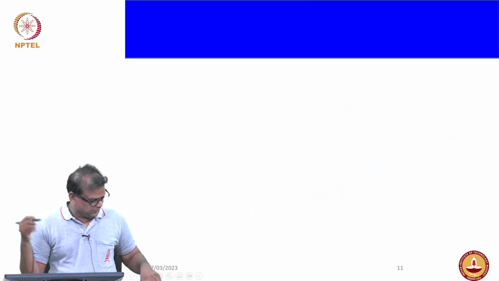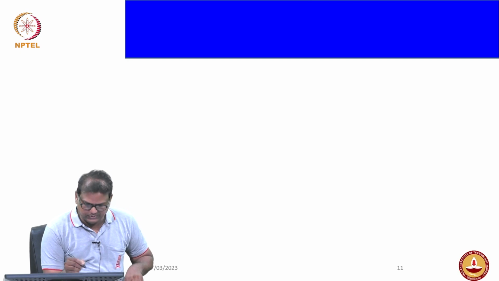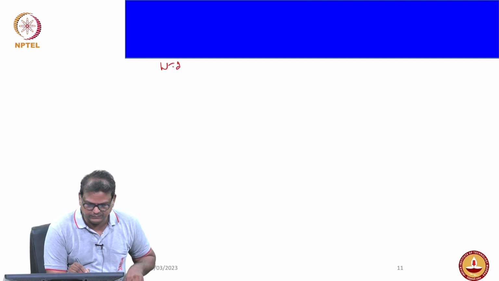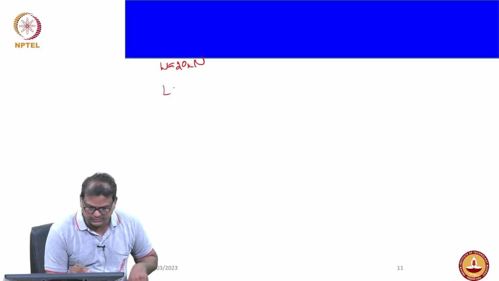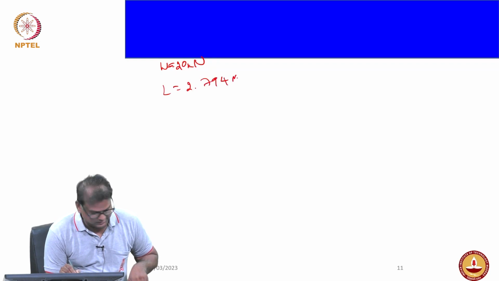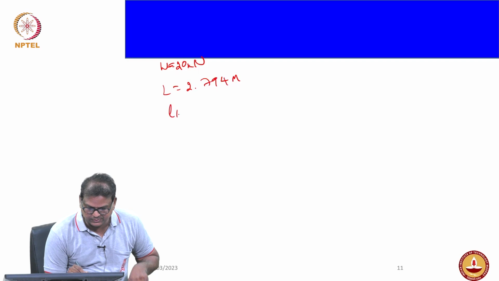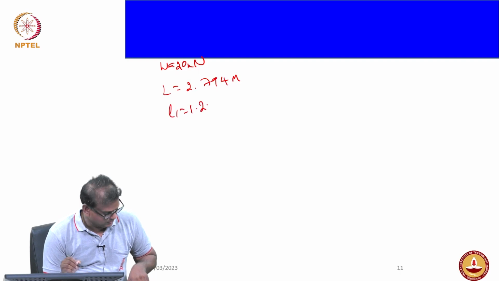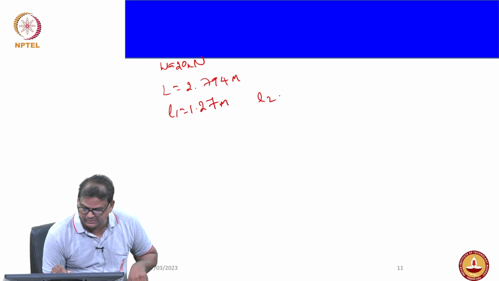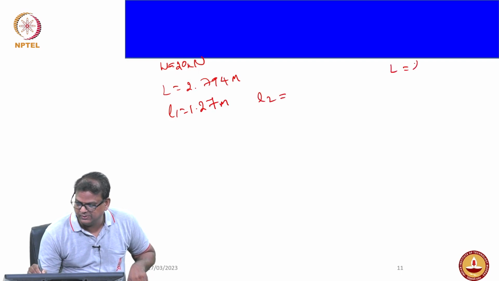Yeah. So W is clearly given 20 kilonewton, not 20 Newton, 20 kilonewton. Okay, L is 2.794 meter, L1 is 1.27 meter, L2 obviously L equals L1 plus L2.